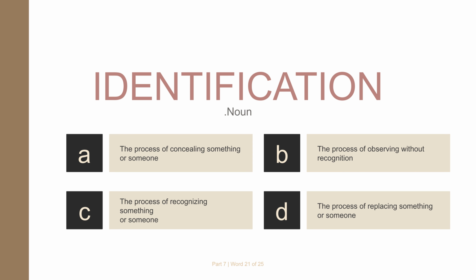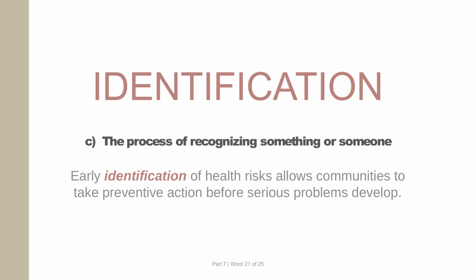Option C: the process of recognizing something or someone. Option D: the process of replacing something or someone. Correct answer: Option C. The correct meaning of identification is the process of recognizing something or someone.